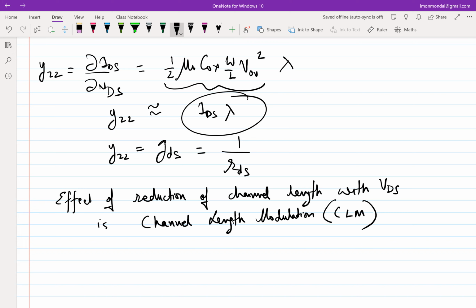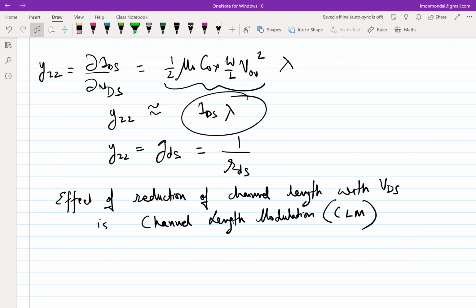Often you will hear people say that sometimes you neglect CLM, sometimes you don't. It essentially means whether we can neglect y22 or whether we cannot, right?